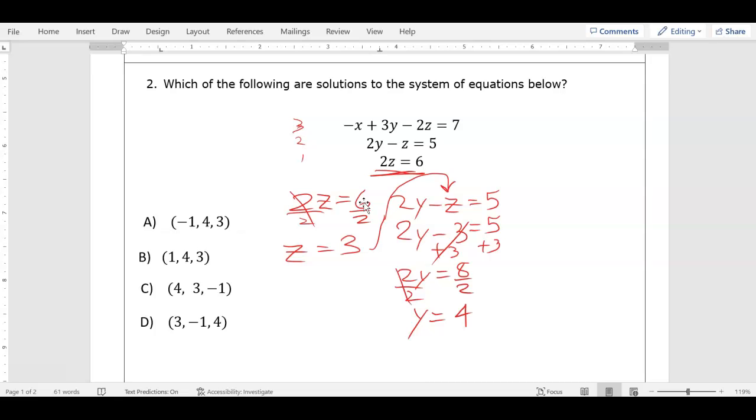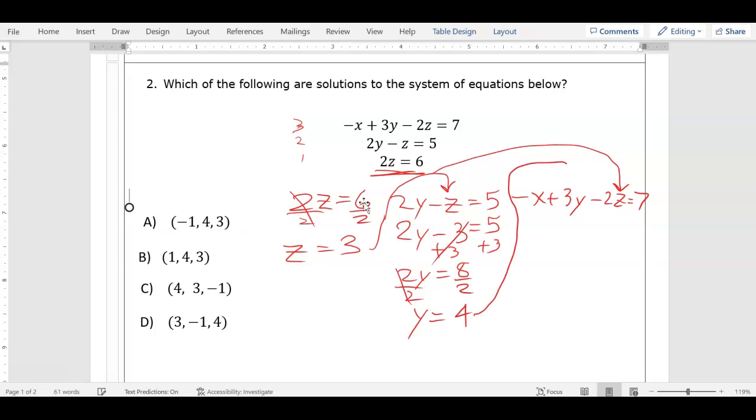Now, last one, take that first equation, negative x plus 3y minus 2z equals 7. Okay, so now we can plug in. The z can go right there still, and the 4 can go right there, right? So bring down negative x plus 3 times 4 minus 2 times 3 equals 7.